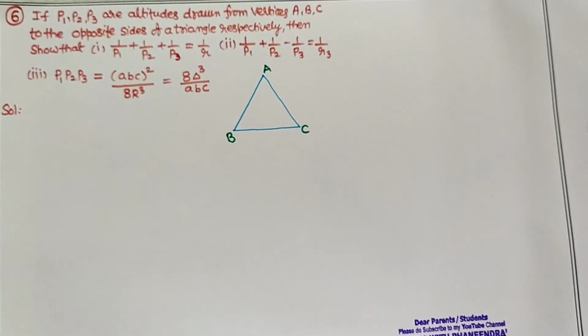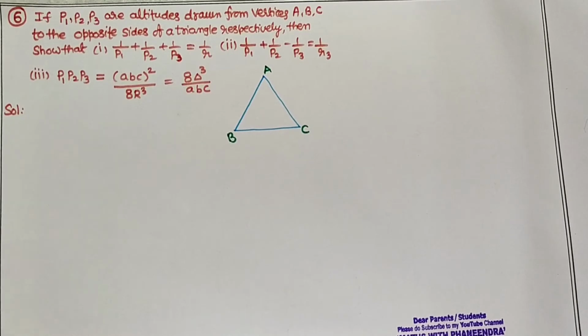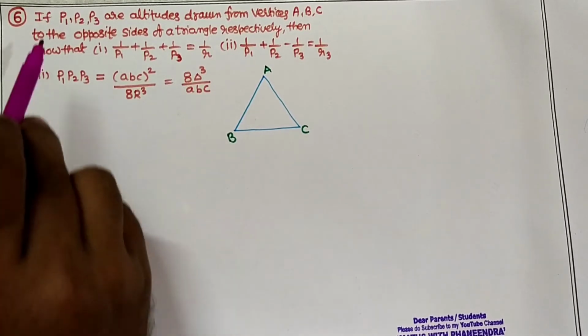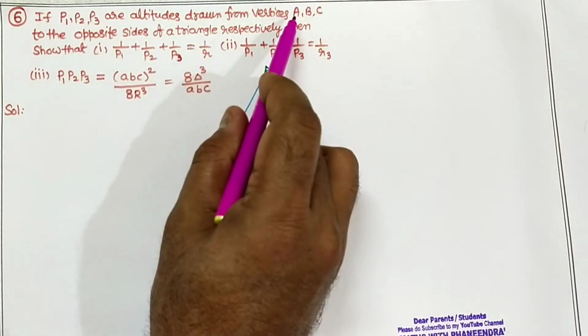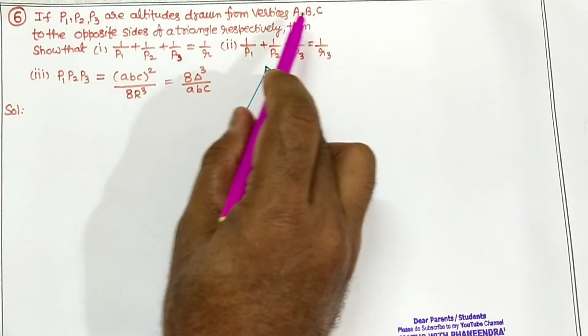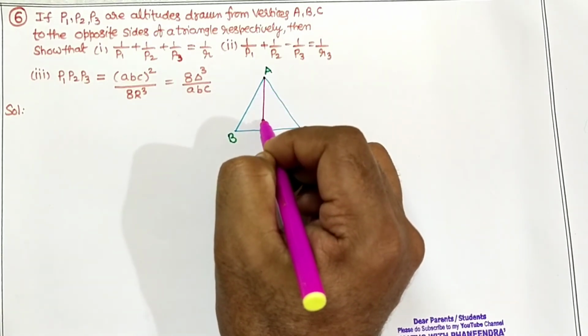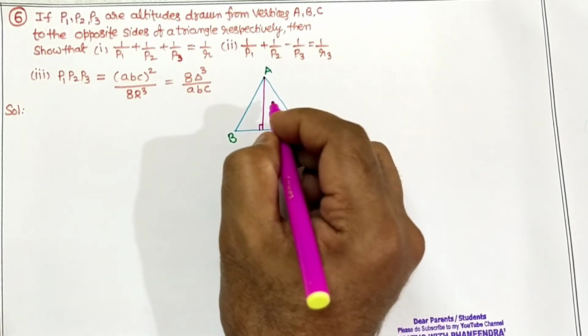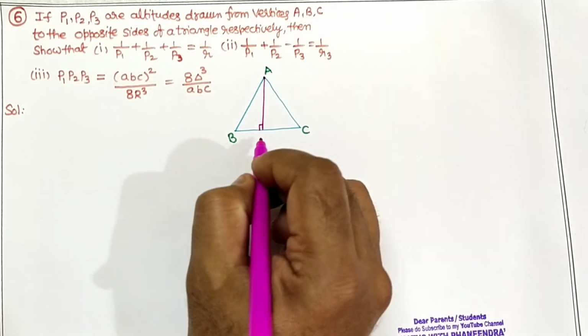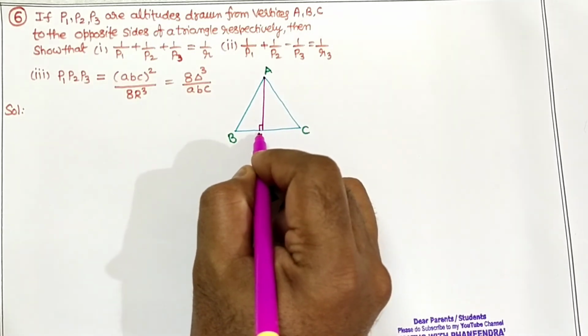Now, after drawing the triangle ABC, you have to draw the altitudes. P1 is the altitude from A, P2 altitude from B, P3 altitude from C. So this is an altitude. This is P1. It meets at the opposite side.